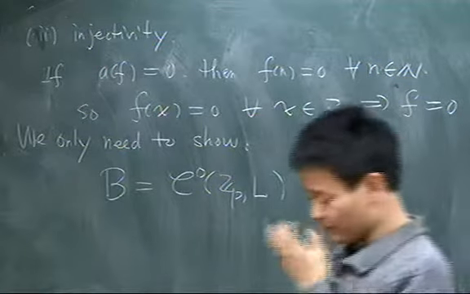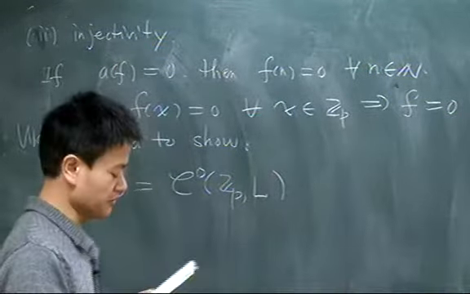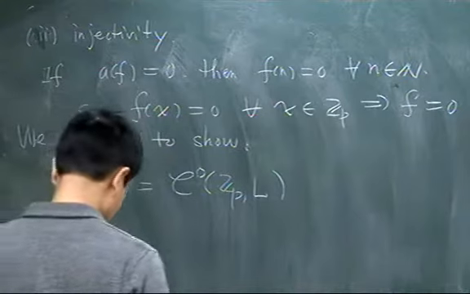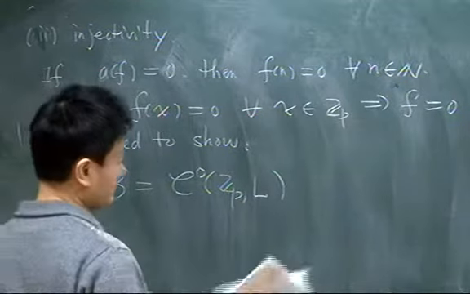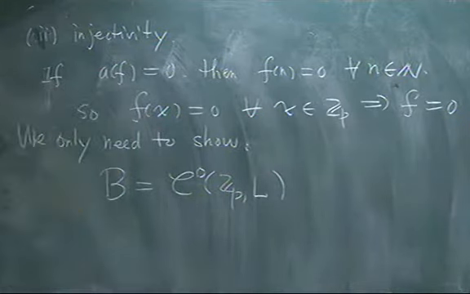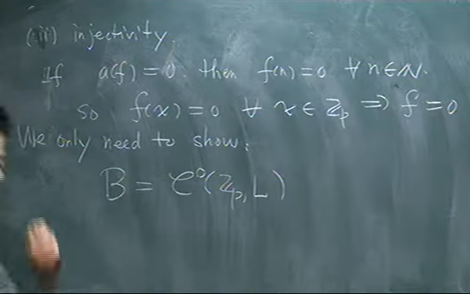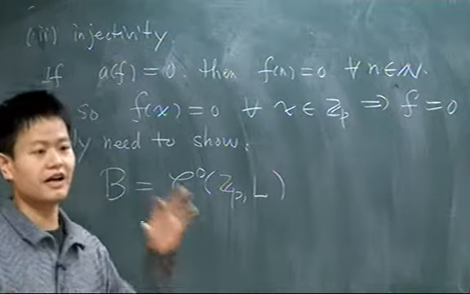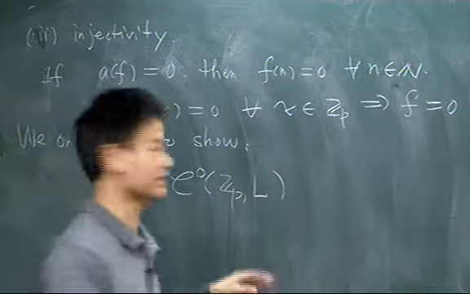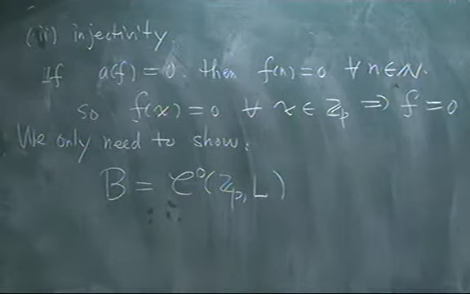There are two ways to prove it. One way is to use this number, the same thing as in my notes. The other way needs locally constant functions. So I will come back to this after I finish locally constant functions to prove this is actually the case. So maybe we just have some break.